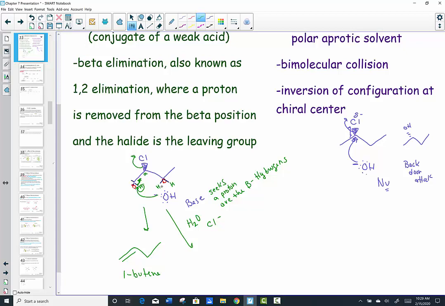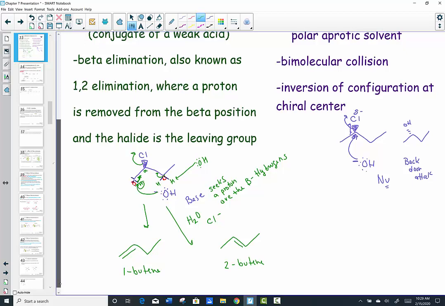What if instead of going to carbon 1, we went to carbon 3 and removed that proton? If an OH group were to come in and take this beta proton, it would force the bond to collapse between carbon 2 and 3, and the leaving group leaves. So a second possibility is 2-butene as our resulting alkene.